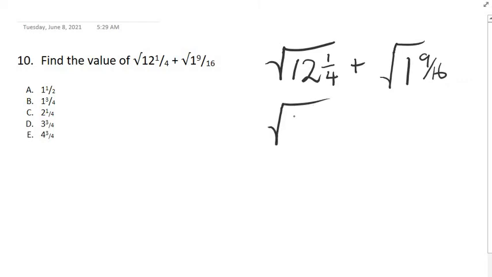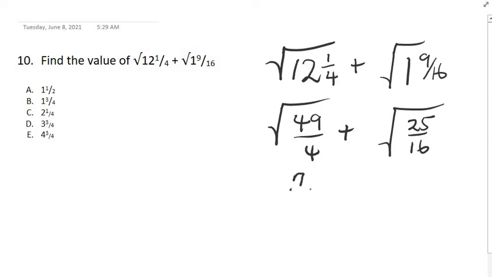So root 49 over 4 plus, we do the same here, 16 times 1, 16 plus 9, 25 over 16. Now the square root of 49 is 7. Okay, square root of 49 is 7, square root of 4 is 2, plus square root of 25 is 5, square root of 16 is 4.